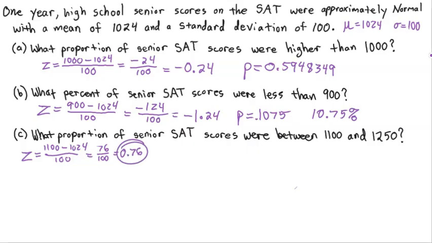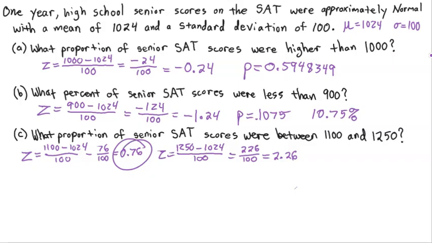So this is one of our z-scores, 0.76. Our other z-score is going to be 1250 minus 1024 divided by 100. And 1250 minus 1024 is 226 divided by 100. And if you do that in a calculator, you get 2.26.